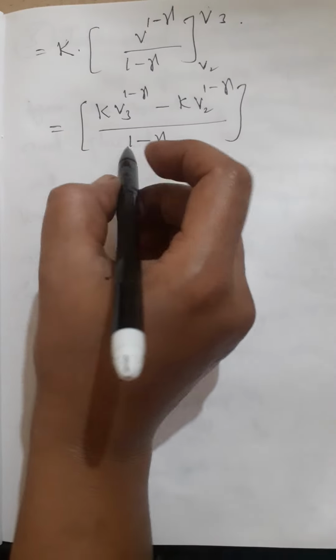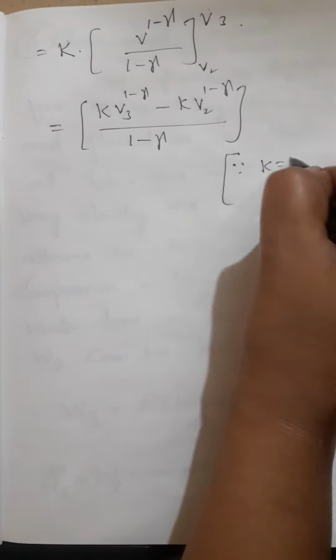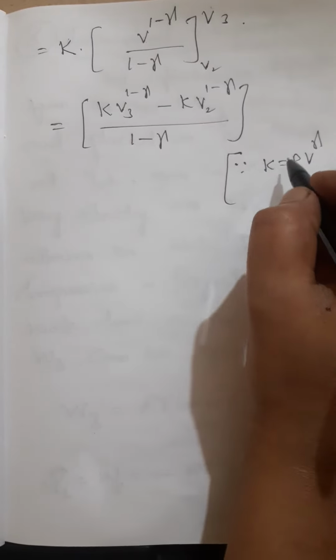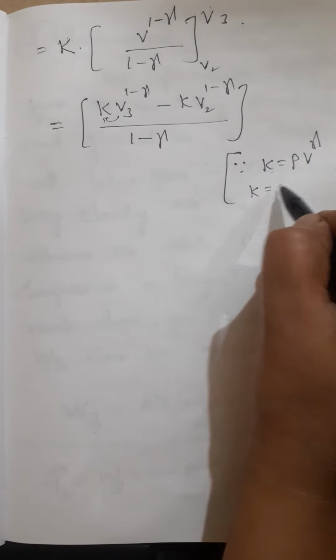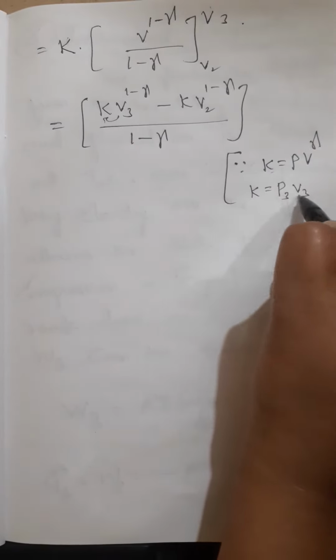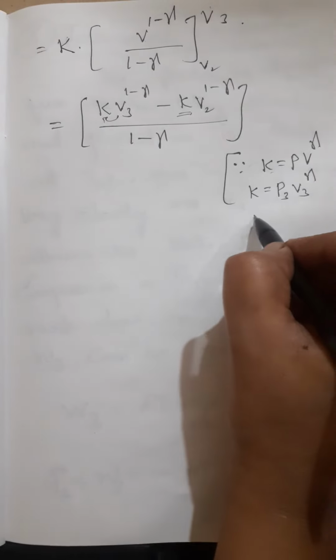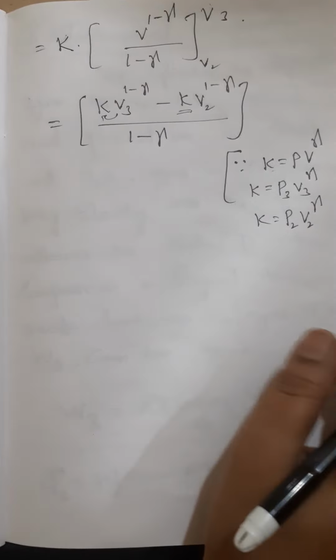Okay, so we know that K is equal to P V to the power of gamma. At this situation, if you substitute the value of K, it will be equal to P3 V3 to the power of gamma, and at this position K will be equal to P2 V2 to the power of gamma.